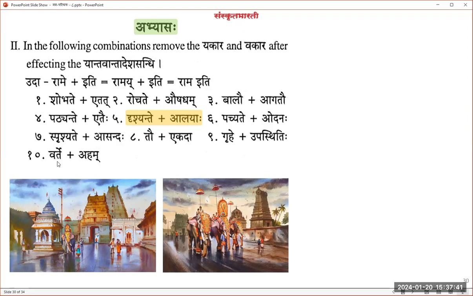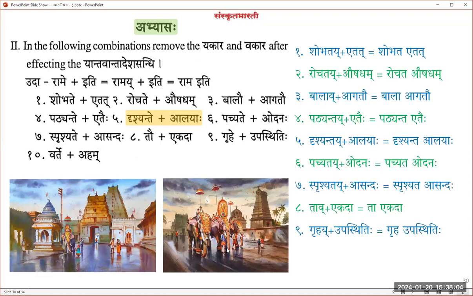It is an uttama purusha ekavachana form of vartate, I think. Okay, so if that is the form, then this is completely qualifying for purva rupa sandhi. Since it qualifies for purva rupa sandhi, it blocks yanta desha. So I need to really check the Paninian Prakriya to see whether there is a path at all for giving this example in this section and answering the way the book expects us.